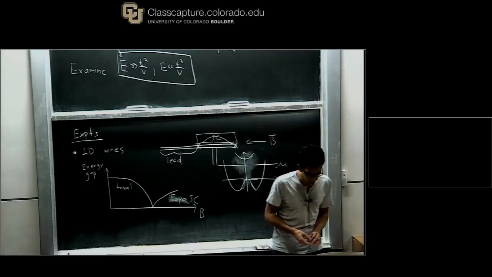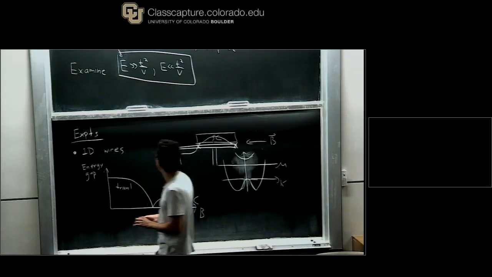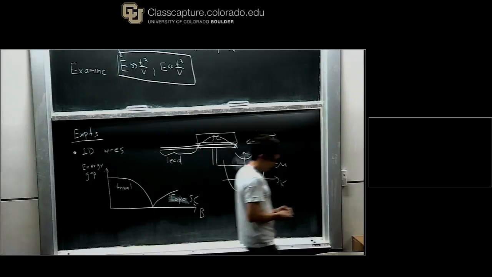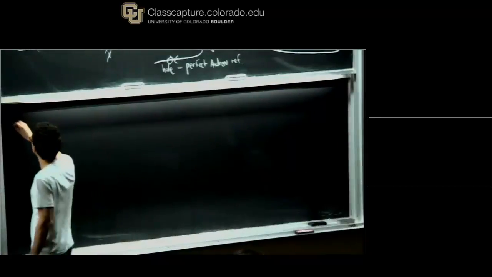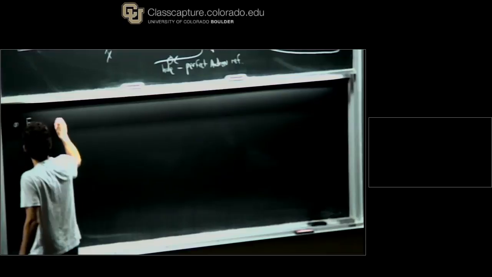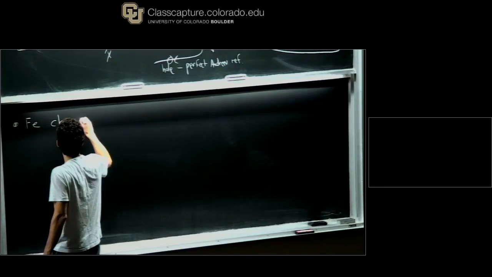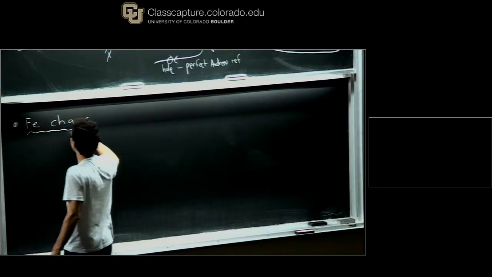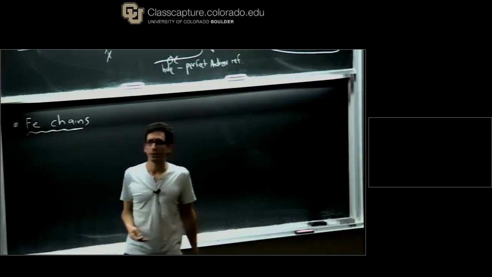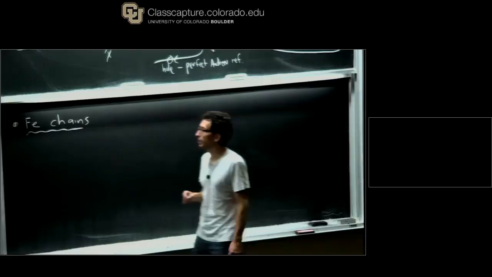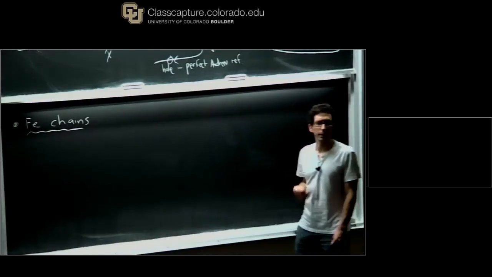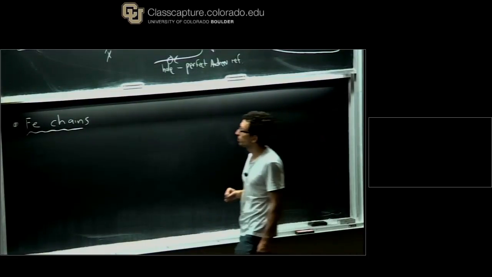Okay, so there's another class of experiments that I should just briefly mention. Namely iron chains. So these are experiments that have been done by Ali Yazdani's group, Stefan Nadj-Perge, my collaborator at Caltech, a group at Berlin, and maybe one or two other groups as well.